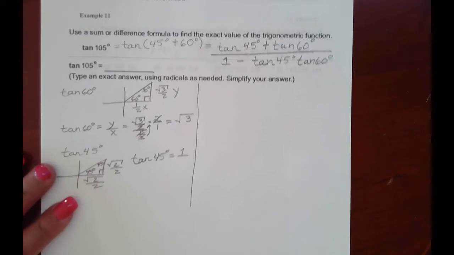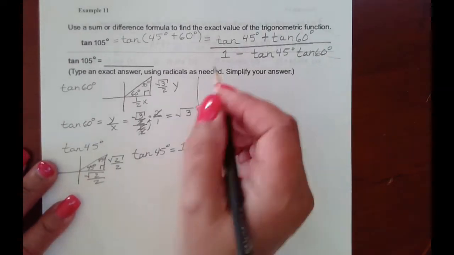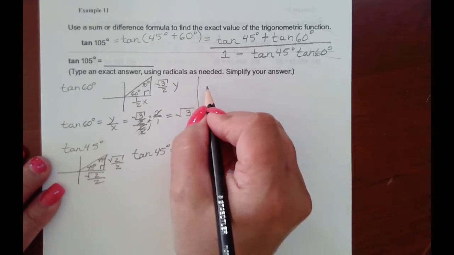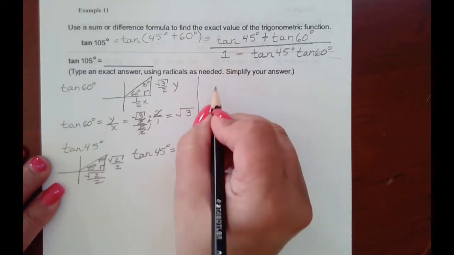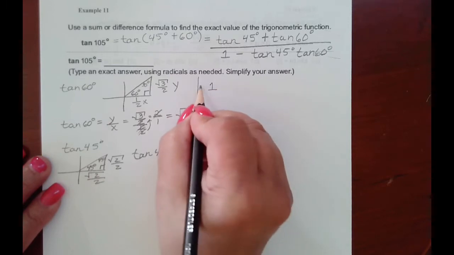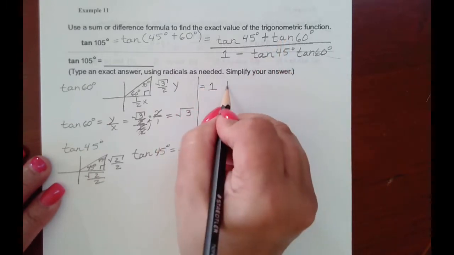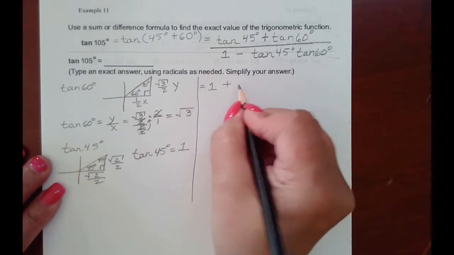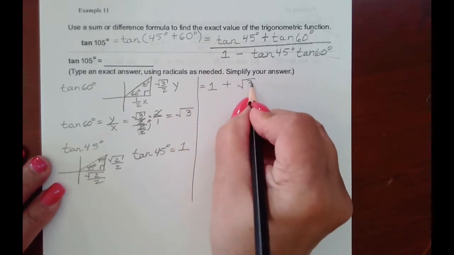These tan problems have a lot of algebra in them, as opposed to cosine and sine, which is the case in every section where you're presented with formulas for cosine, sine, and tan. So tan of 45 is 1, plus tan of 60. Tan of 60 turned out to be this square root of 3 value.